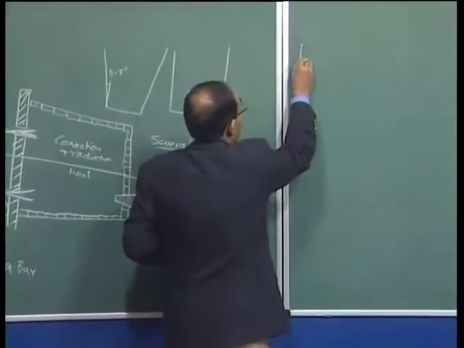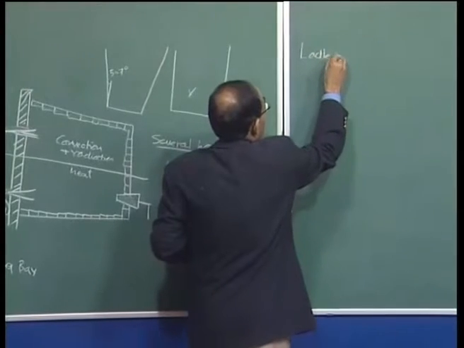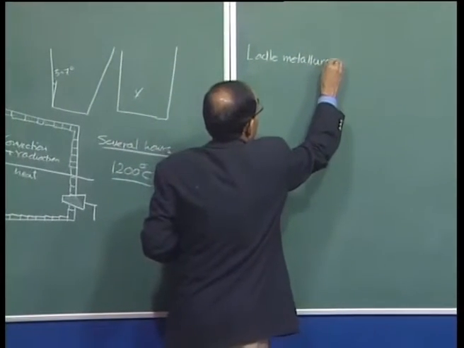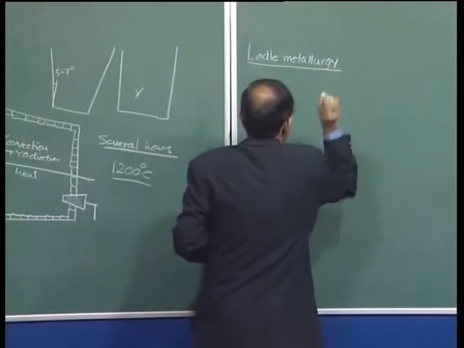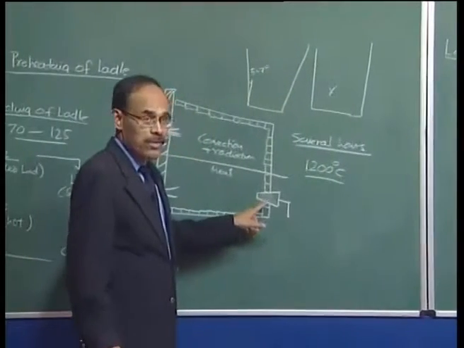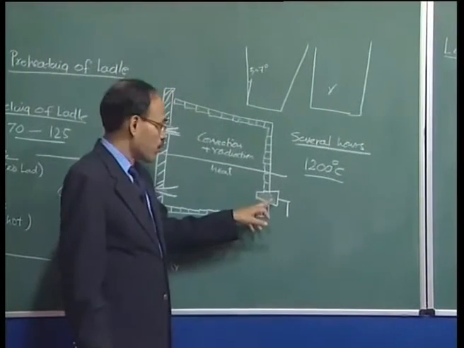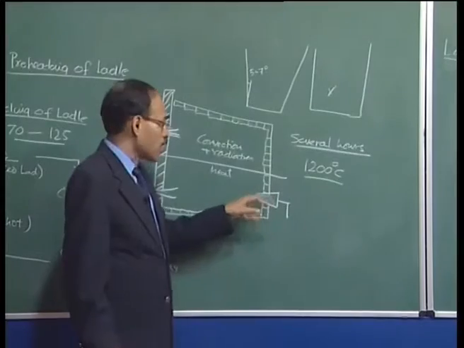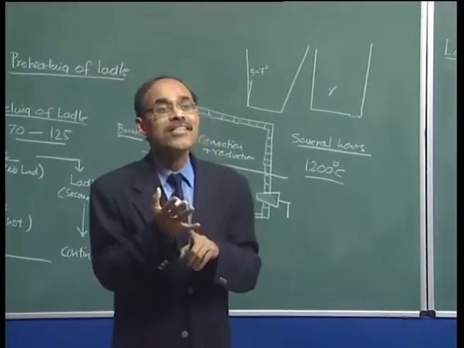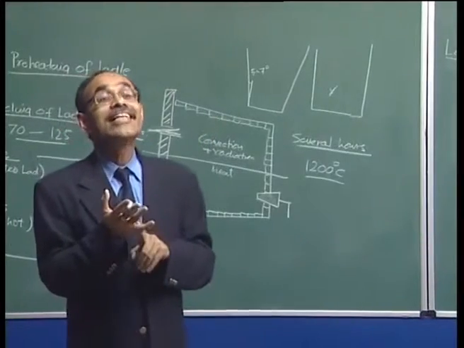So to sum up, in ladle metallurgy, we are going to introduce a lot of argon through the porous plug. The argon will stir the contents. The objective of ladle metallurgy is to enhance the composition and cleanliness of steel.